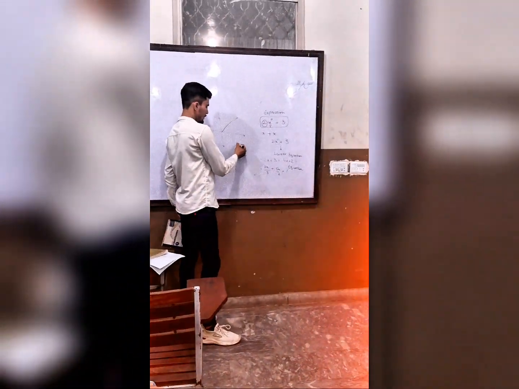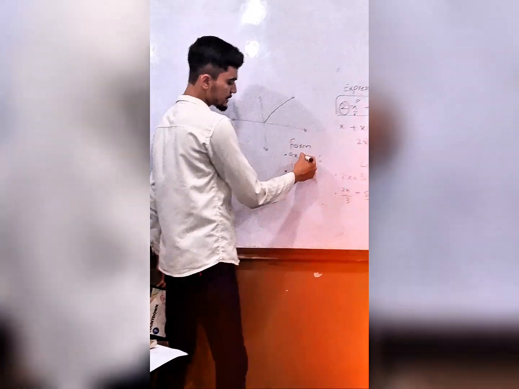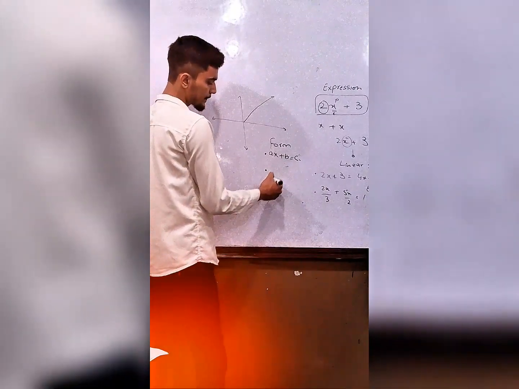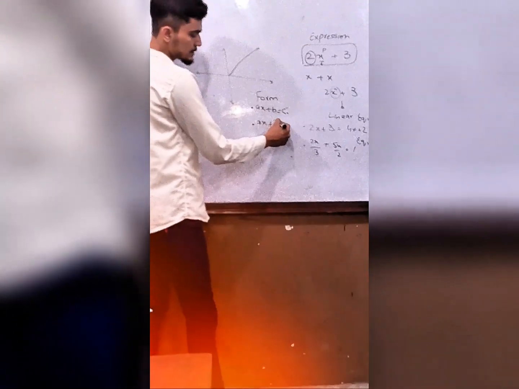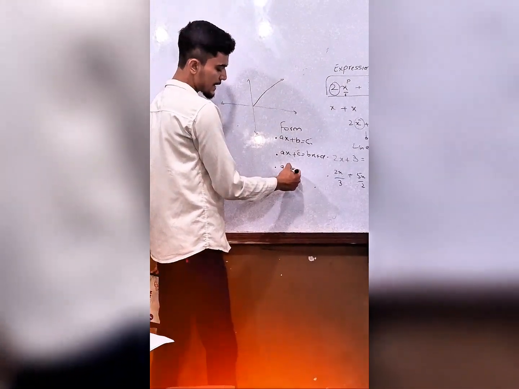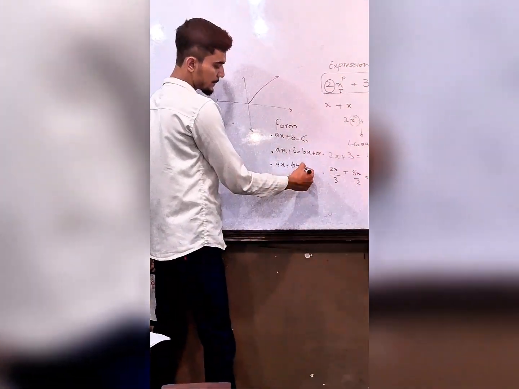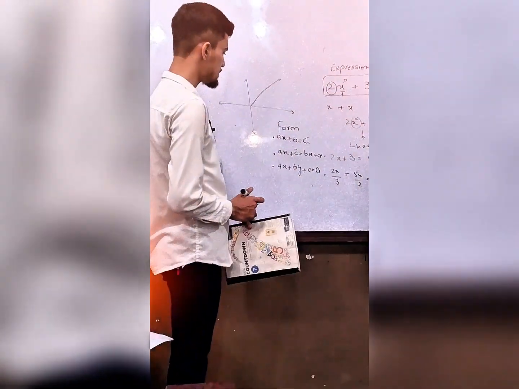Now the forms of linear equation. First is ax + b = c, second is ax + c = bx + d, and third is ax + by + c = any number, let's suppose 0.